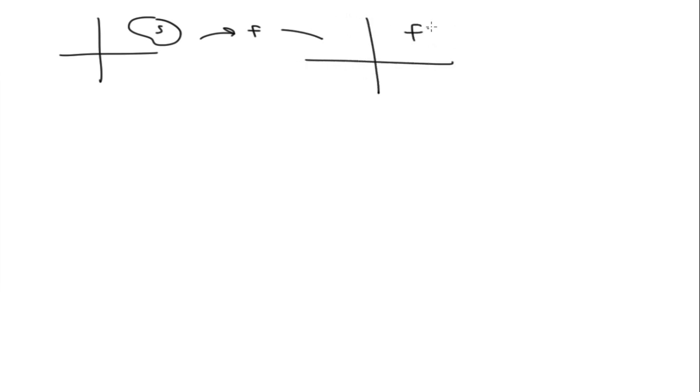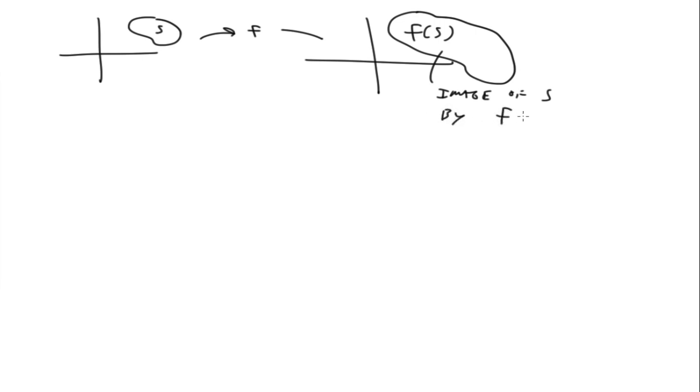If we have some set, and then we have some function, and it goes somewhere else, we often type f of s, this new set, and we like to call it the image of s under, or I should say, from or by f. Okay, so the set f of s is the image of s from the action of f.